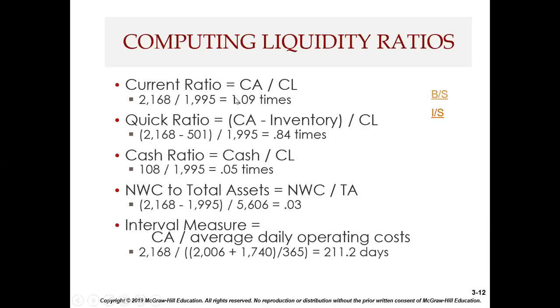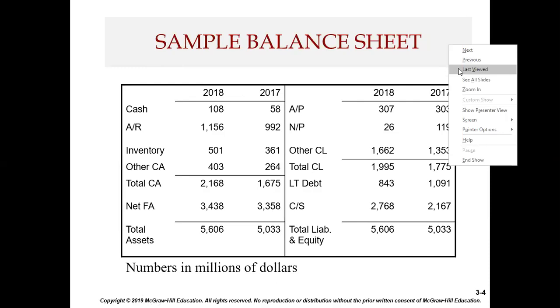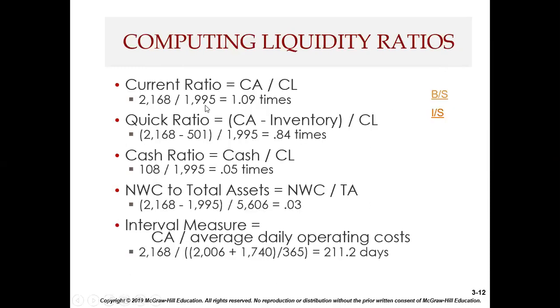The current ratio is calculated by taking your current asset amount, the total current assets from the balance sheet, and dividing it by current liabilities. So I'm just going to go ahead back to the balance sheet. So current assets are 2168, current liabilities 1995. 2168, 1995.